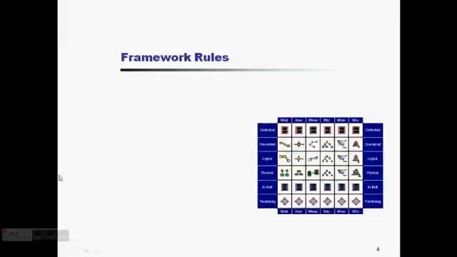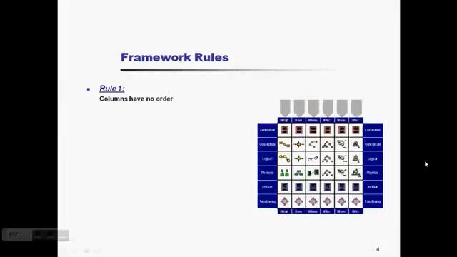Next, I'll talk about the rules applied to this framework. Of course, Zachman provided the following rules to assist the reader in understanding how the framework works, what are the things that should be done and what are the constraints of this framework.